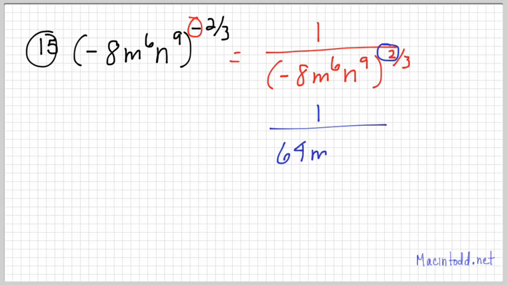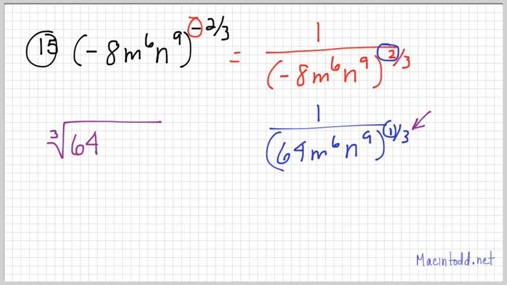64 m6 n9 all to the 1/3 power. Notice the 2 is no longer there. It's just a 1 because I've squared everything. Now this 3 means to cube root everything. So let's work over here. I want the cube root of all of this stuff.